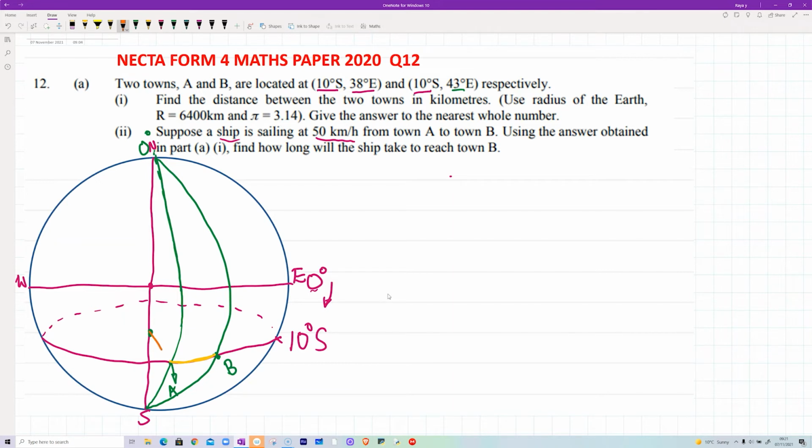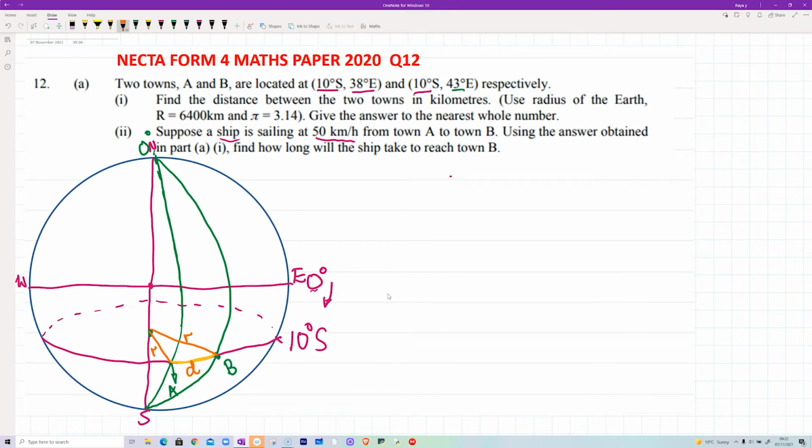If we bring in a line there, and another line there, remember this latitude has a circle of its own. That's going to be the radius of this latitude, which means the distance between these two towns, this D, is just the arc length.